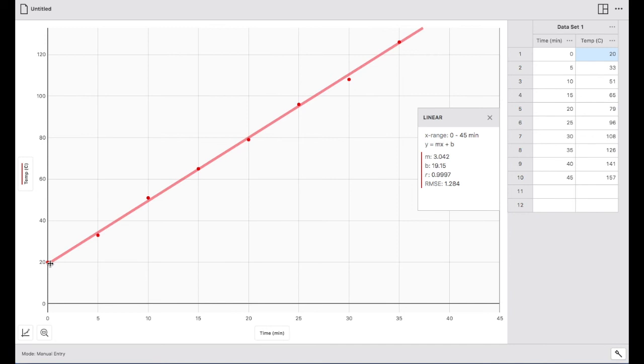And what this will all let us do is make predictions. Let's say I wanted to know at 100 minutes, how hot would this thing be? So just looking at rough estimates here, in 100 minutes I would gain 300, because every minute is 3 degrees, and I start at 19. So my good guess here would be 319.